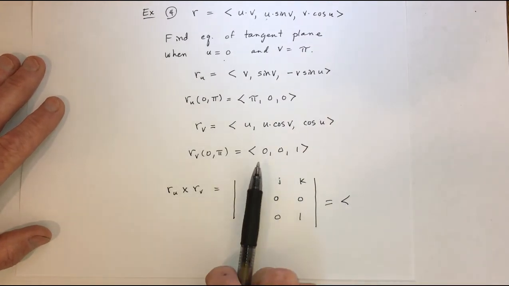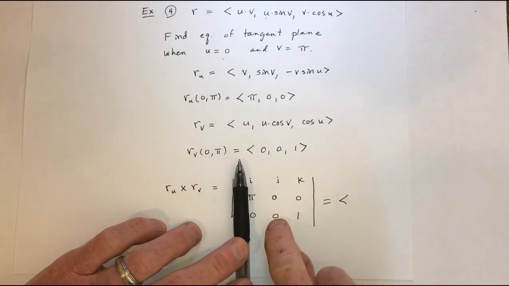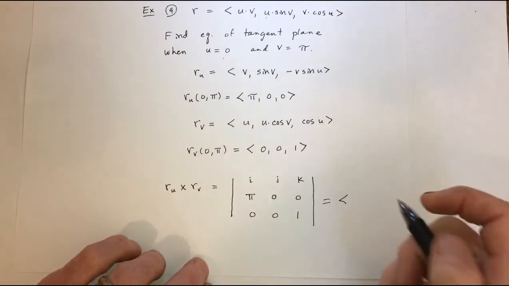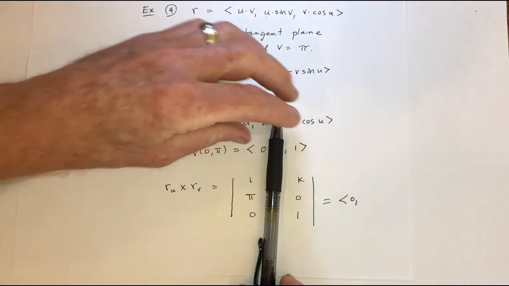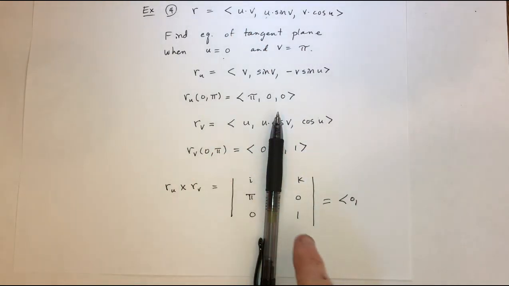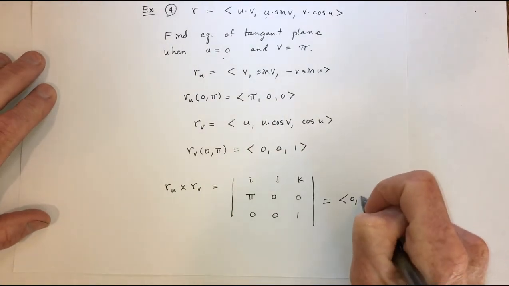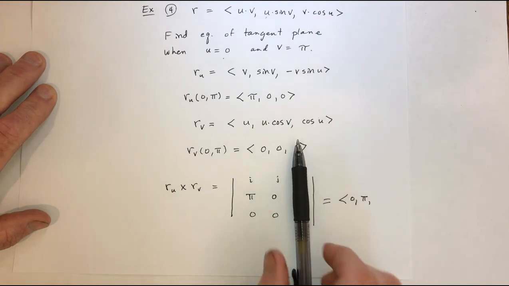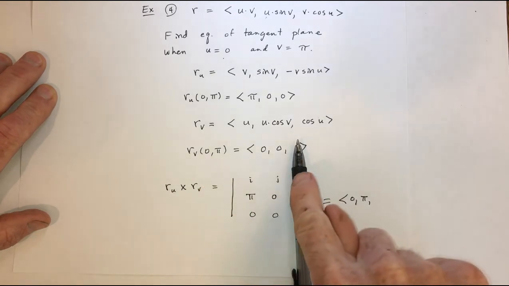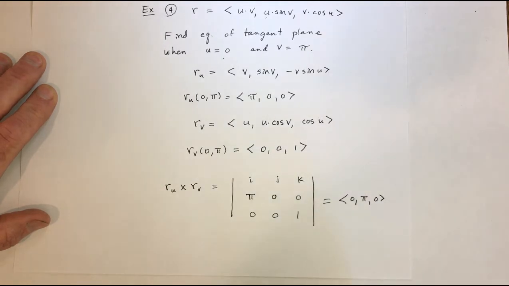When you cover up the i, that would be 0 minus 0. When you cover up the j, that diagonal would be pi minus 0. And then when you cover up the k, that would be 0 minus 0. So now we have the vector that we need.